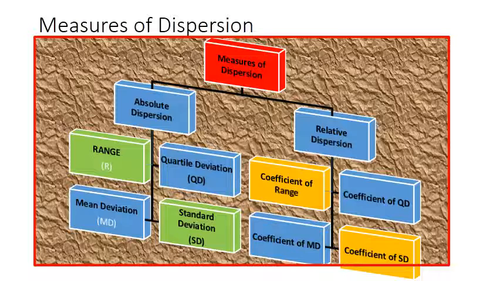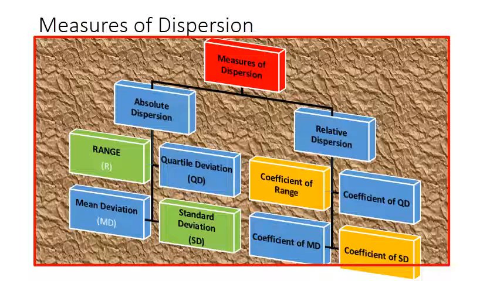But in case of mean deviation, there is a drawback that it ignores the minus sign, the negative sign. When we measure the deviations from the mean, the central value, in mean deviation we ignore the negative sign.